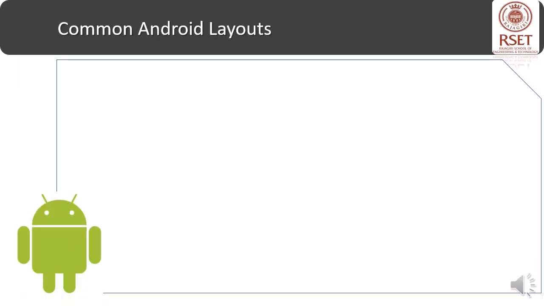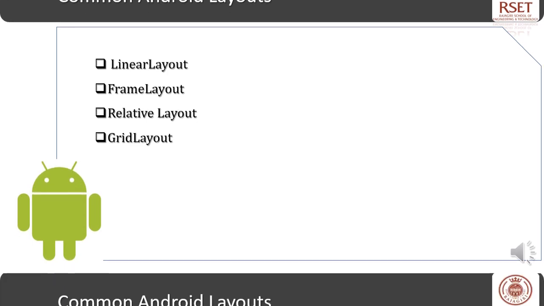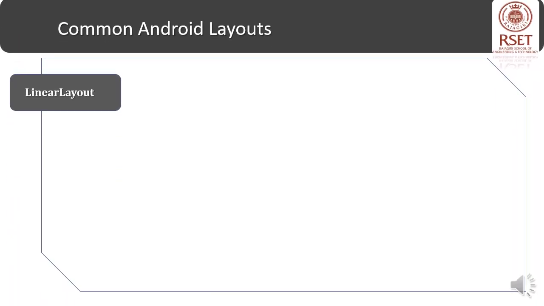The most common Android layouts include linear layout, frame layout, relative layout, and grid layout. We'll be explaining each in the coming slides. Now let's discuss linear layouts in Android.